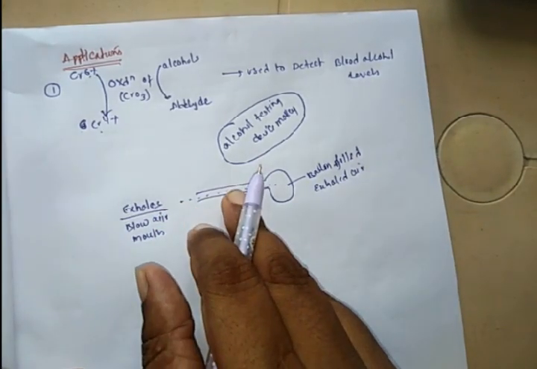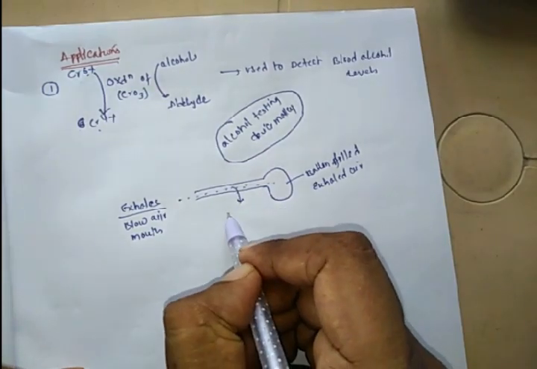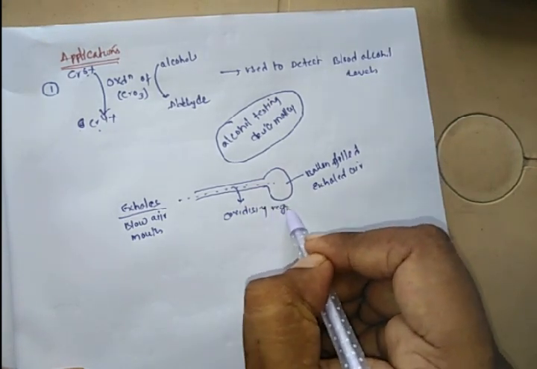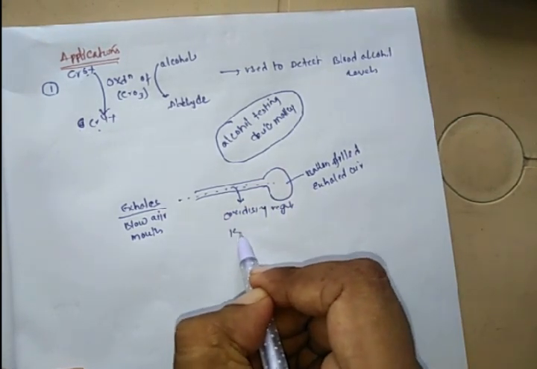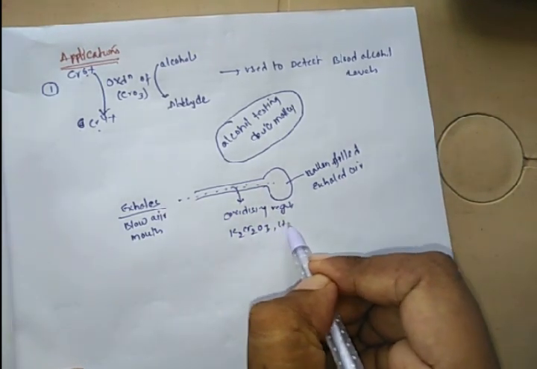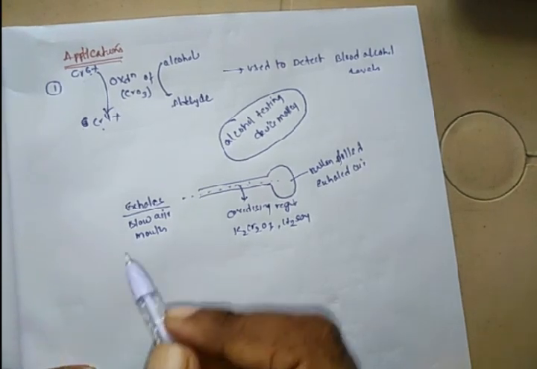The tube also contains an oxidizing reagent, that is potassium dichromate and H2SO4.